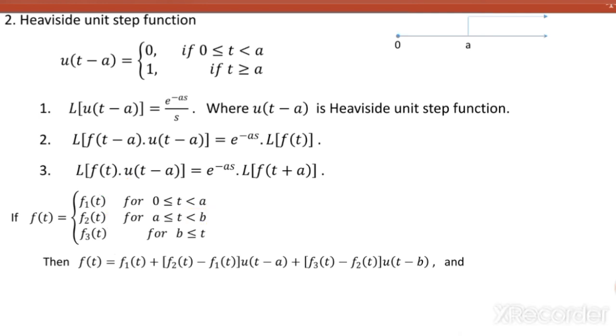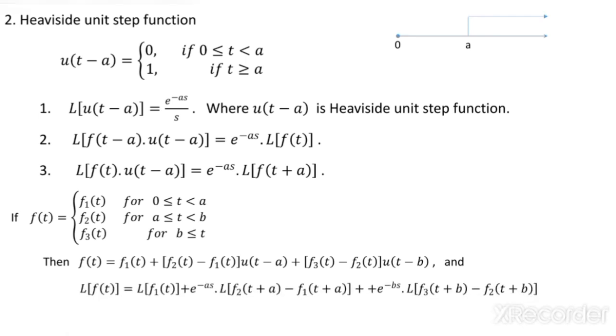That means the Laplace transform of f of t is of the type L of f1 of t plus L of f2 of t minus f1 of t into u of t minus a, where I can now use the previous result. Wherever u of t minus a into any function is there, we first write the Laplace transform of the function which we obtain after replacing t by t plus a.